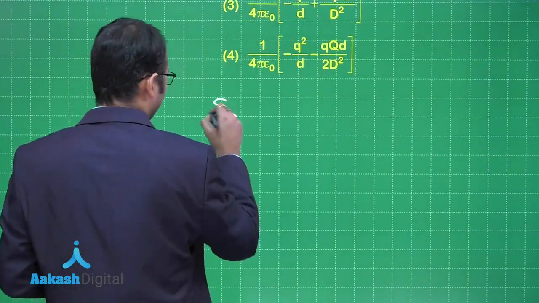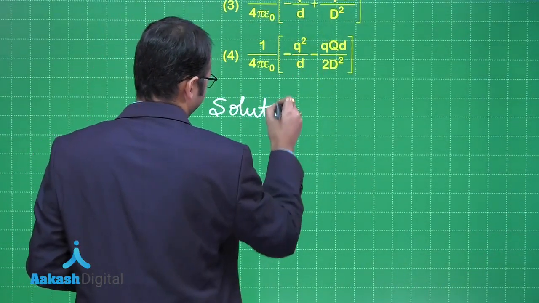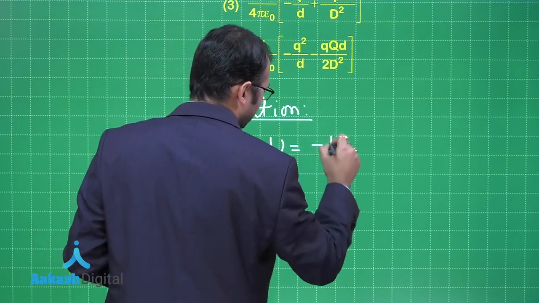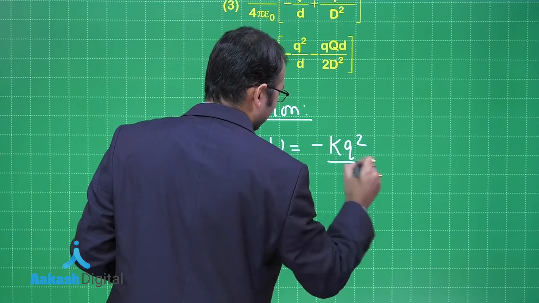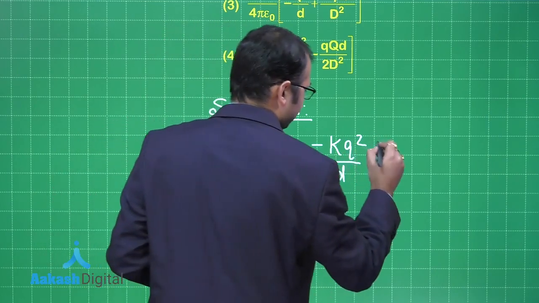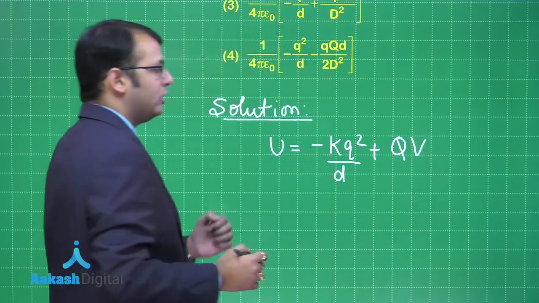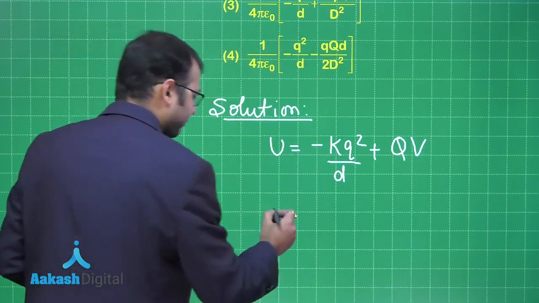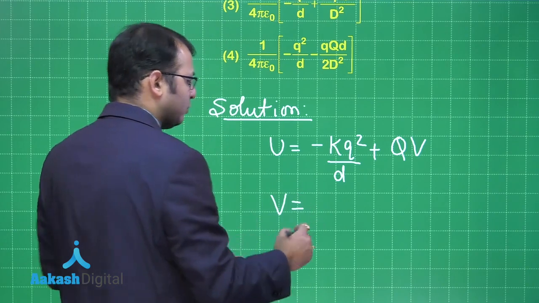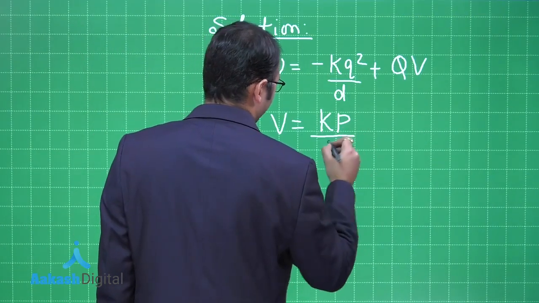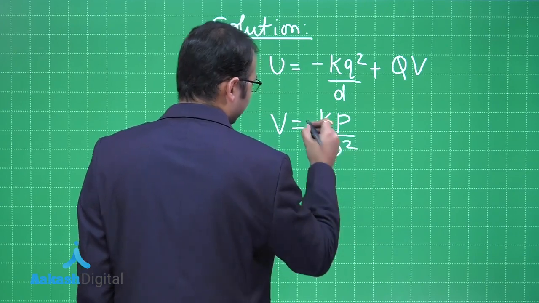On solution, potential energy first due to the charges of dipole itself will be this, then plus the potential energy due to dipole on the capital Q would be Q into V, and we are all aware that potential due to dipole at any point on the axis would be given by K P upon D square, where P is the dipole moment, and that is negative.